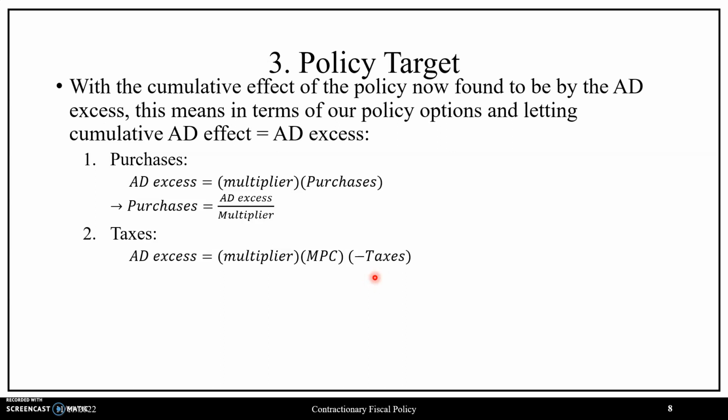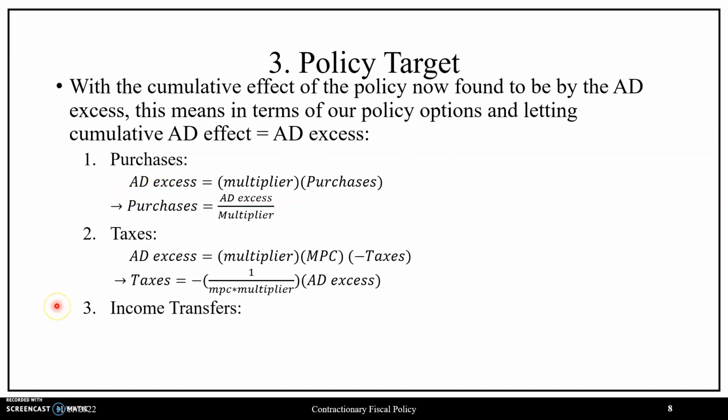So, solving through with respect to taxes, this means that if the government were to pursue contractionary fiscal policy by increases in taxes, they would have to do so by the amount of 1 divided by the marginal propensity to consume, scaled by the multiplier, all over scaling through the AD excess, such that after the initial change from the tax increase has made its way through the economy, that is the MPC scaled by taxes, and the multiplier process has kicked in, then the cumulative effect that the tax increase would have on the economy would be precisely that of the AD excess.